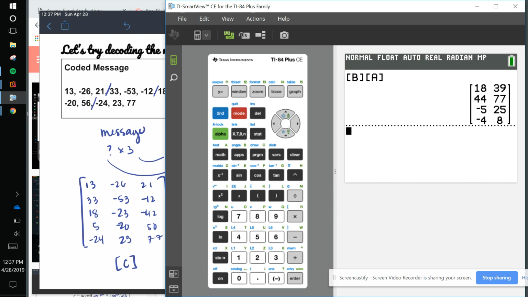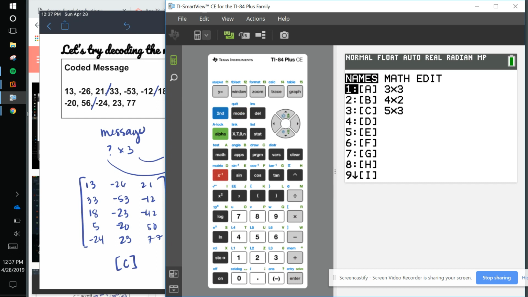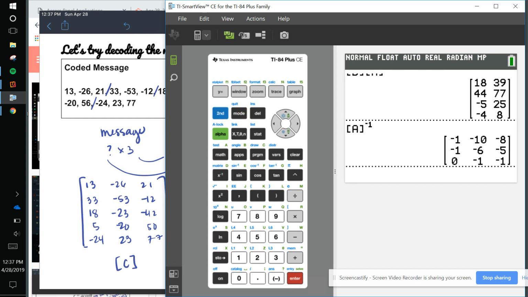So I'm going to use A, and first I'm going to get A inverse, which I can see is -1, -10, -8, -1, -6, -5, 0, -1, and -1. And when I multiply these together, I should get our original message matrix B.